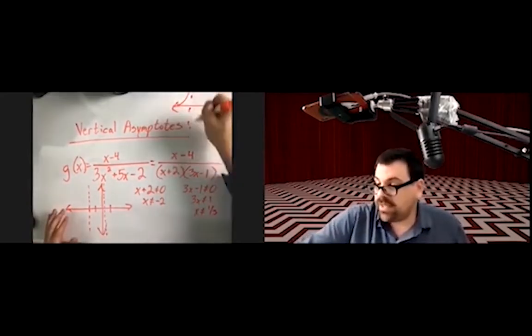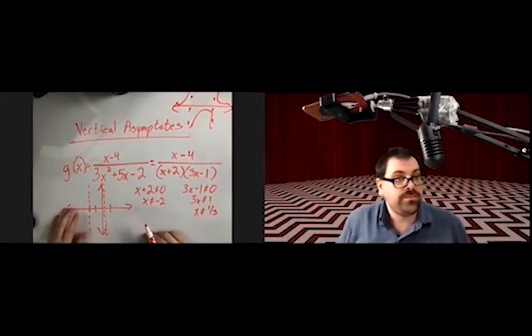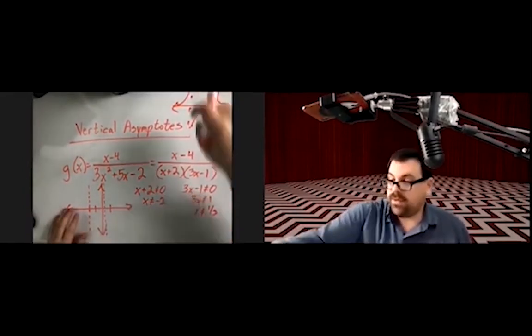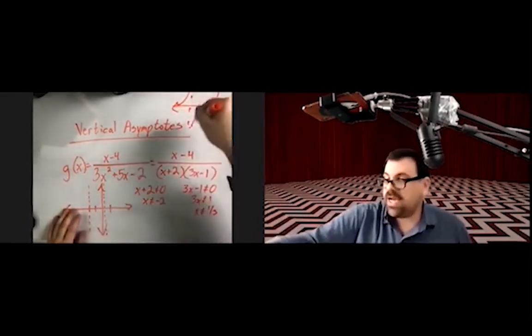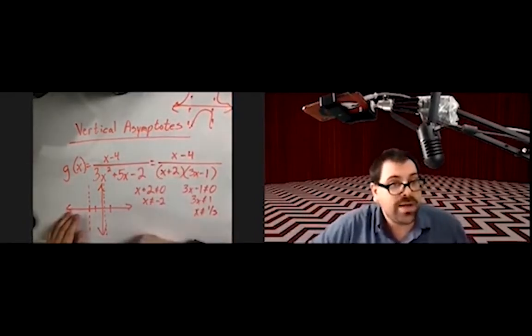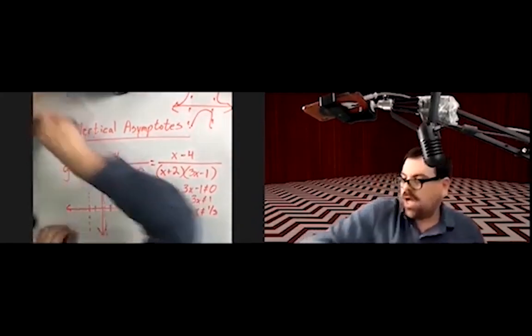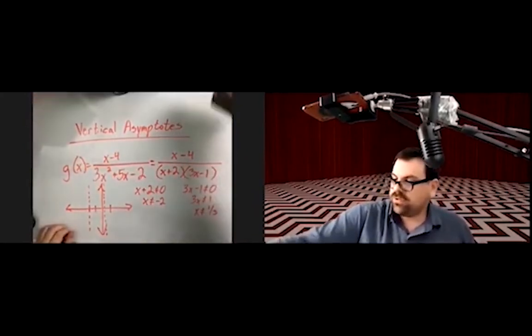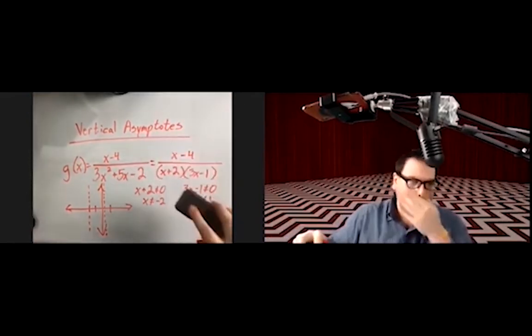This graph might look like this. Something hyperbolic will happen on the outsides, and then something kind of parabolic will happen in the middle. Finding points and plugging them in is going to be what helps us find these actual graphs. You may or may not get that far today. I think we might.